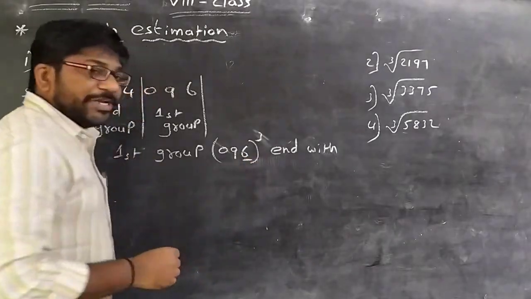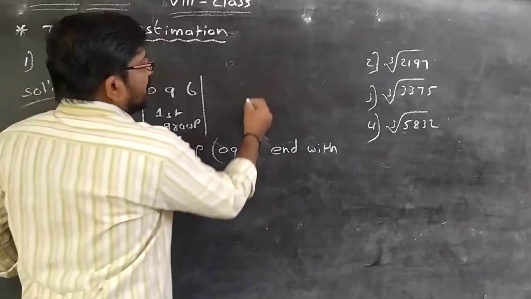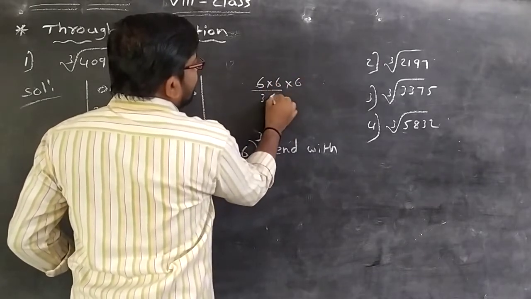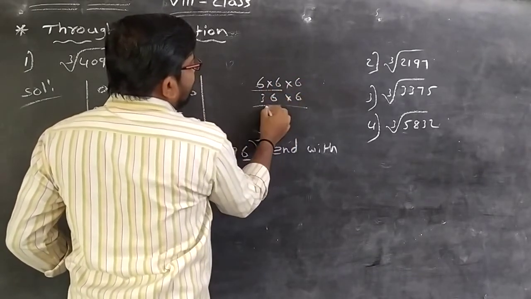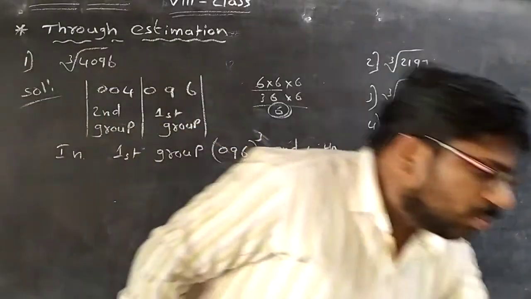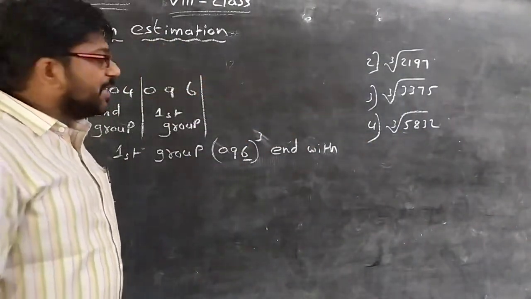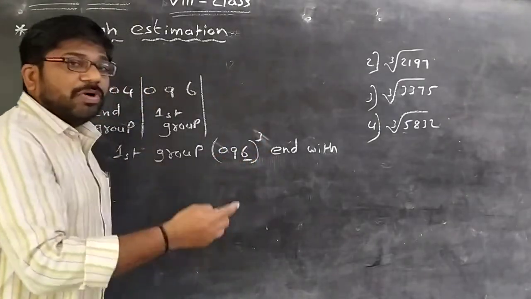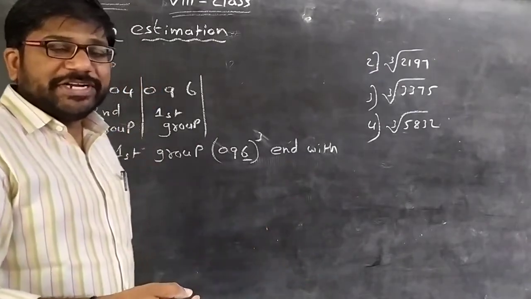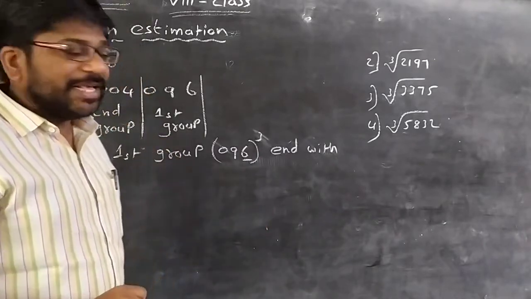Observe carefully. Units place is 6. 6 cube is 6 into 6 into 6. 6 6s are 36, into 6, 6 6s are 36. So it ends with the digit 6. We have to guess which digit the cube of the units digit ends with. Here 6 means 6 cube, and 6 is the units digit.